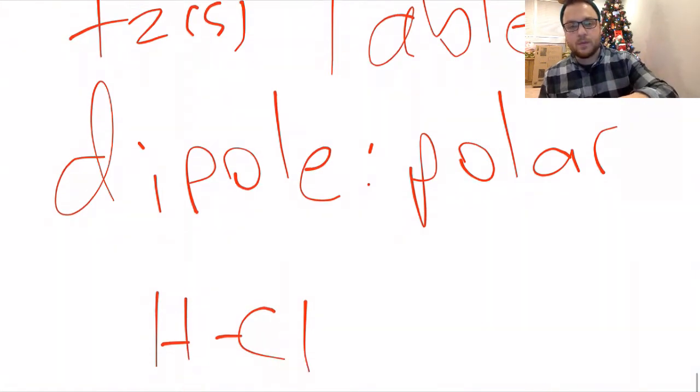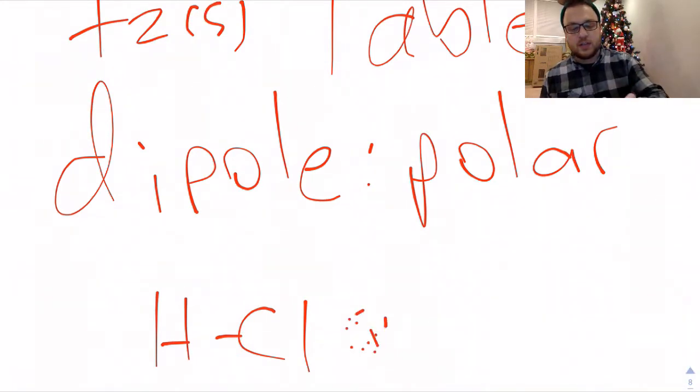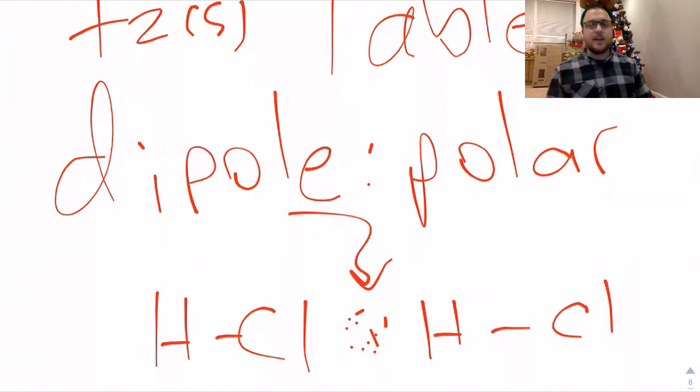So the attraction between this H and this other HCl is a dipole attraction because it's a polar molecule. So the dispersion attraction still exists there, but the main attraction, the main IMF, is dipole.